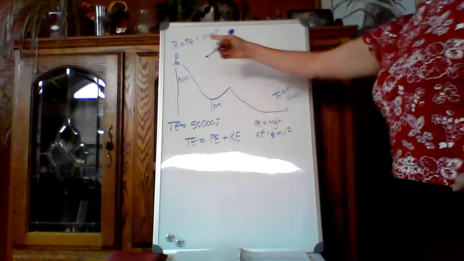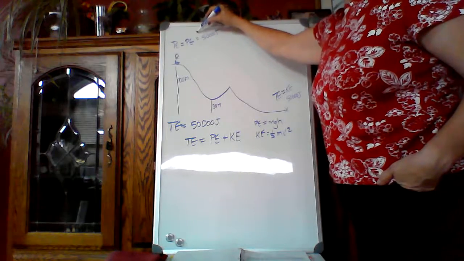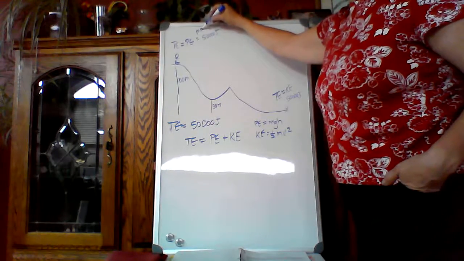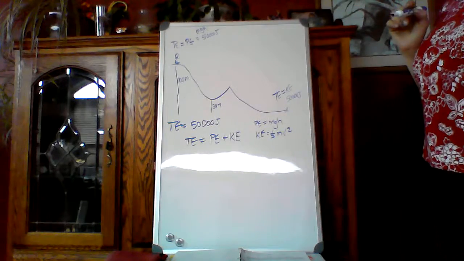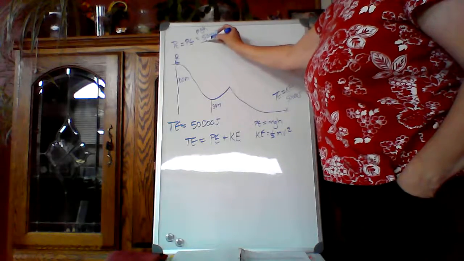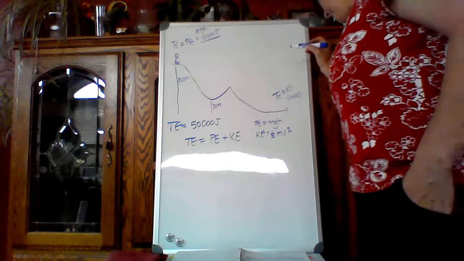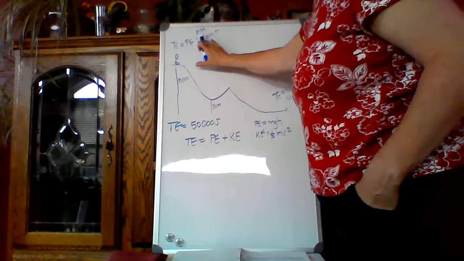If I know that the potential energy is 50,000 joules, and I know that potential energy equals mass times the acceleration of gravity and height, I can figure out the mass of my skier. I can divide my 50,000 joules by 9.81. All right, so I'll rewrite it so you can see it.